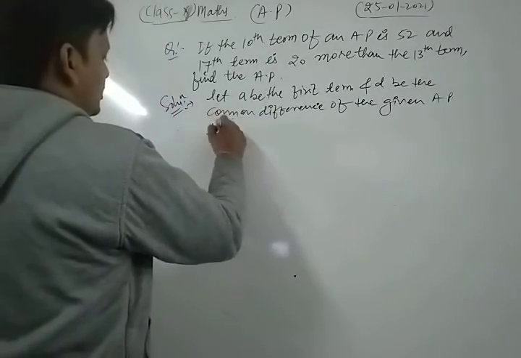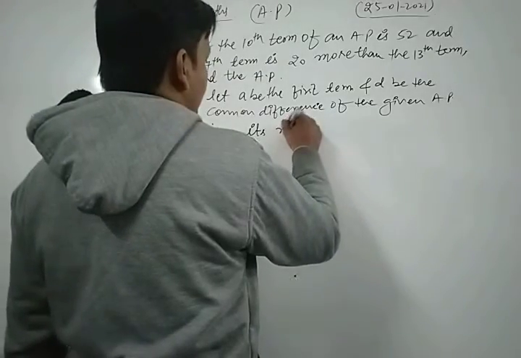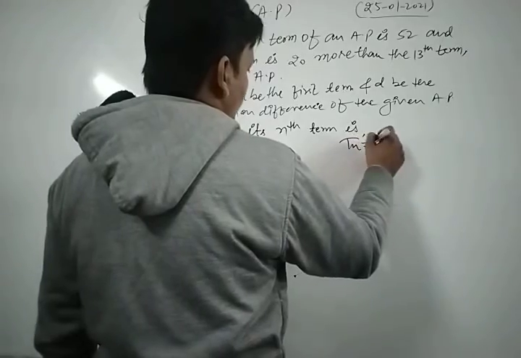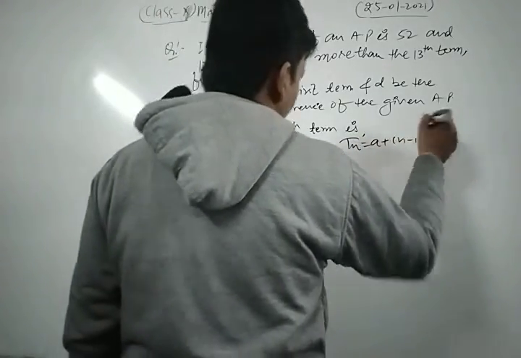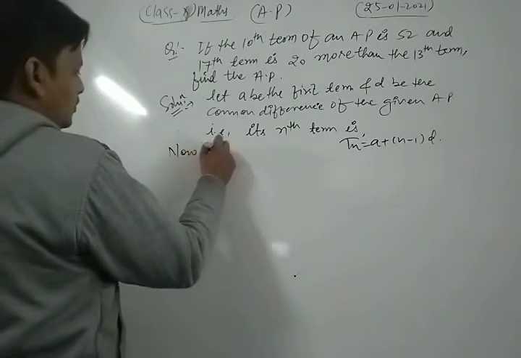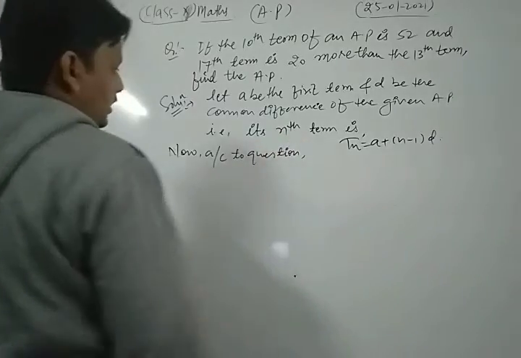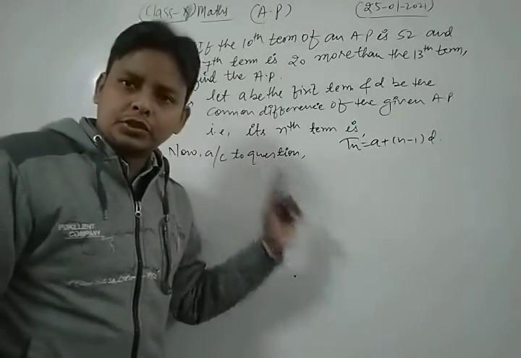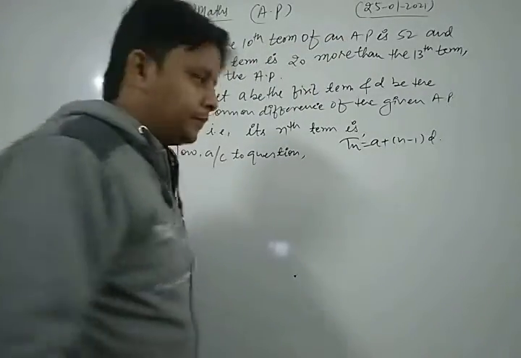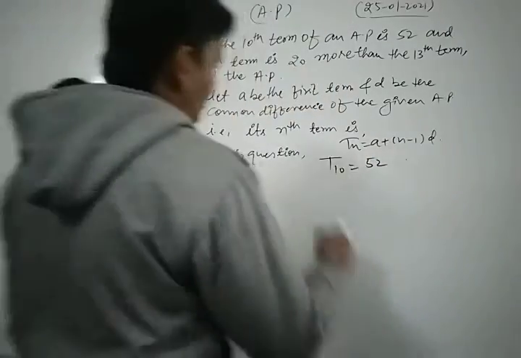Its nth term is Tn equal to A plus (n minus 1) into D. Now according to the question, the 10th term is 52, so T10 is equal to 52.